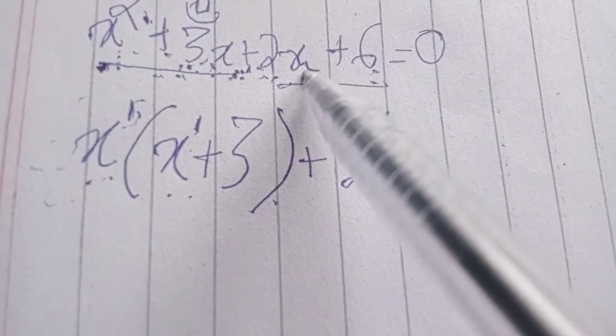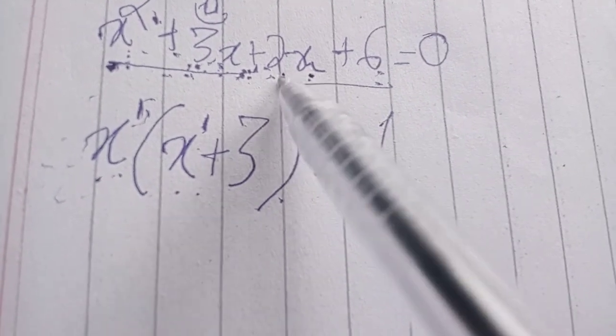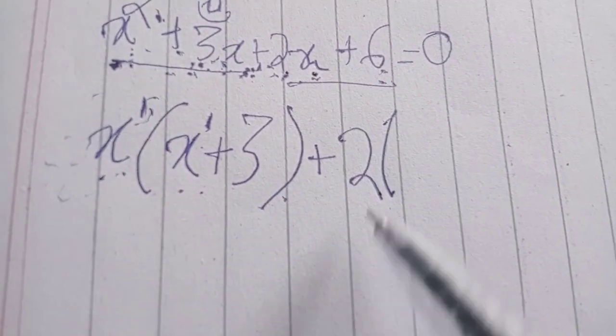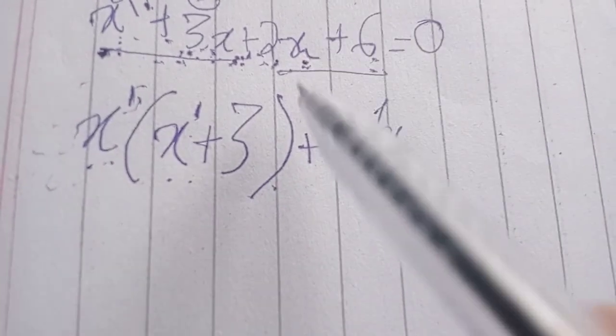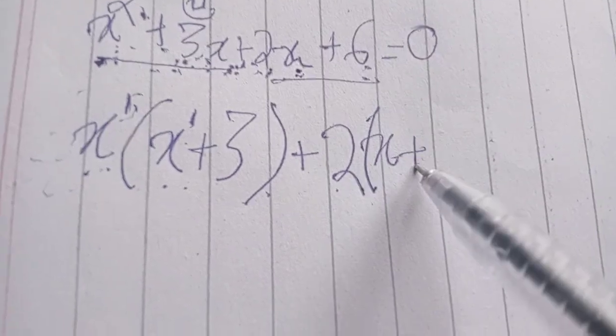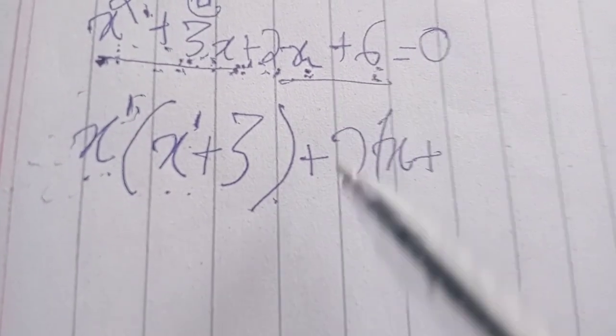Okay, now that 2 is taken common besides x, I just write x. Because 2 is outside now, plus in place of 6 what will be written?